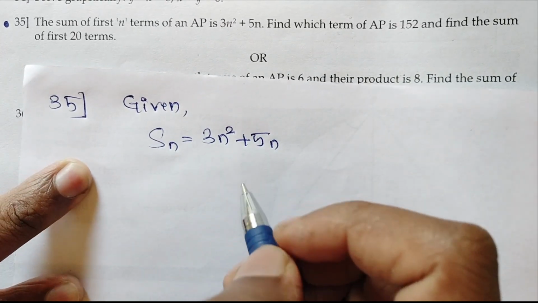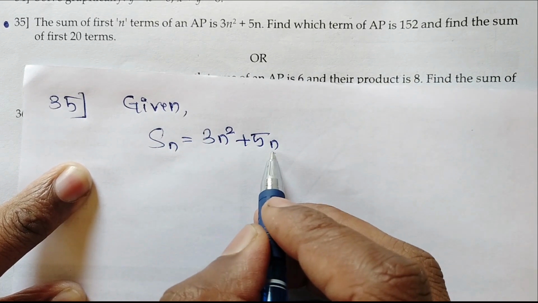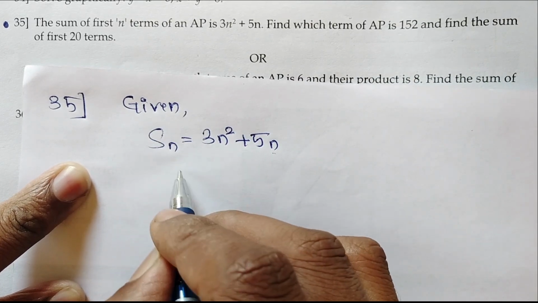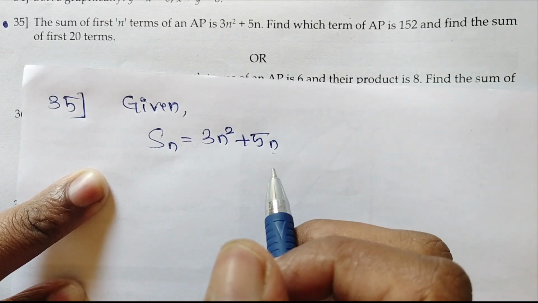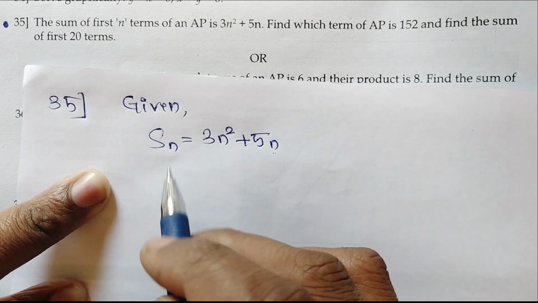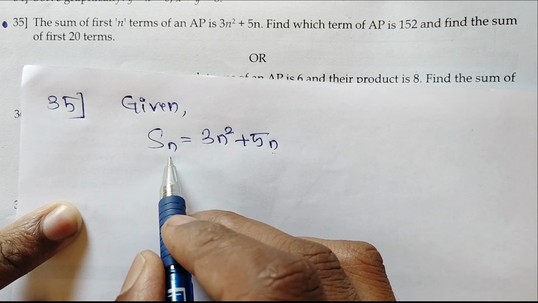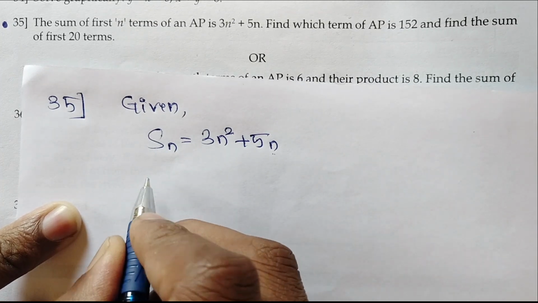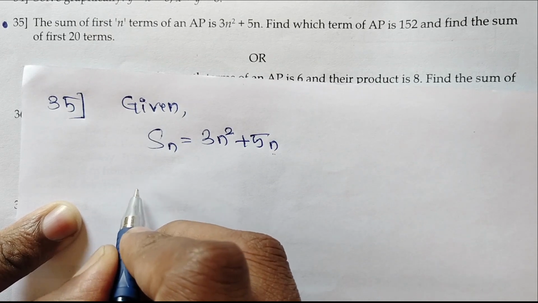Okay, it is in terms of n. For any n, it is the sum. So we have to find the sum of the first 20 terms. For that we need a and d.